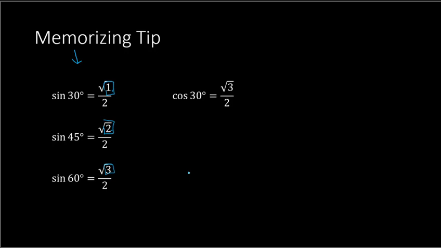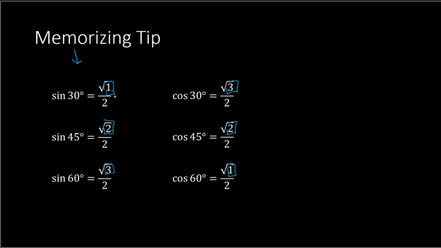And then cosine is the inverse of that. So instead of starting with 1, we start with 3, and then cosine of 45 is the square root of 2 over 2. And then the cosine of 60 degrees is going to be the square root of 1 over 2. All right, so notice the pattern.